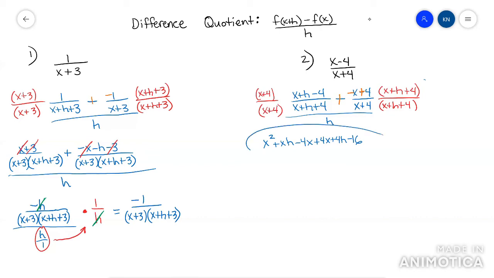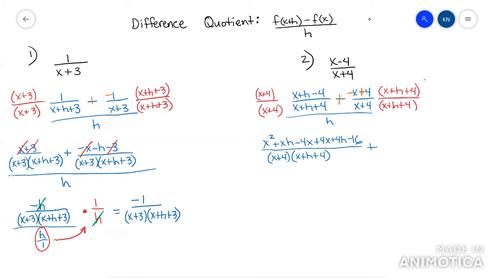So this right here is just this top part. It's over that common denominator. All right, it's a plus in the middle because I changed it, remember?